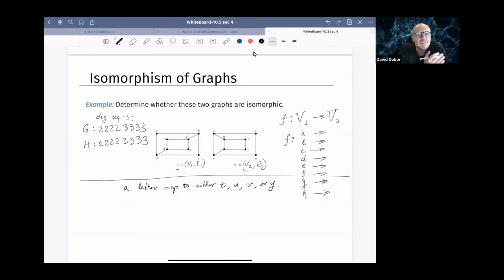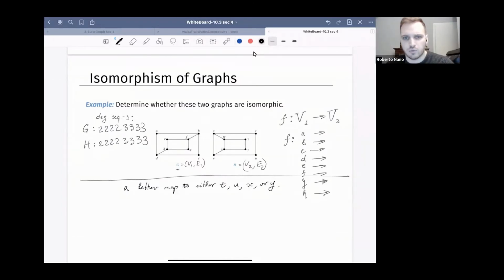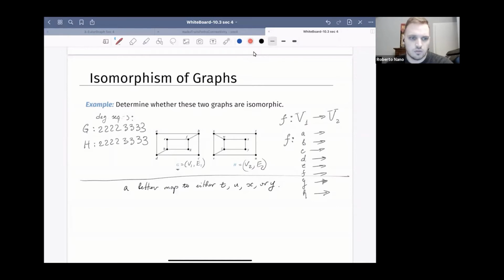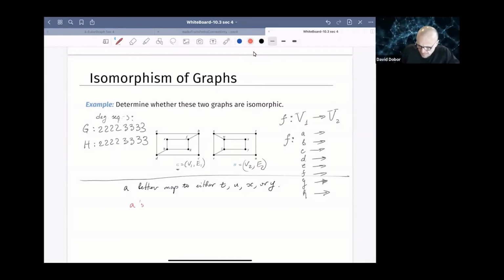Okay. All right, but what else? I'm kind of stuck. Okay, so I know where A must map to. That's just an observation. Are the two graphs isomorphic, or are they not? Also, A has to be neighbor to a 3-degree vertex. To 2 of them, actually. Okay, A's neighbors, let's write it this way.